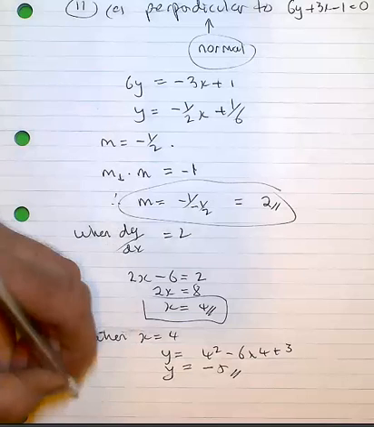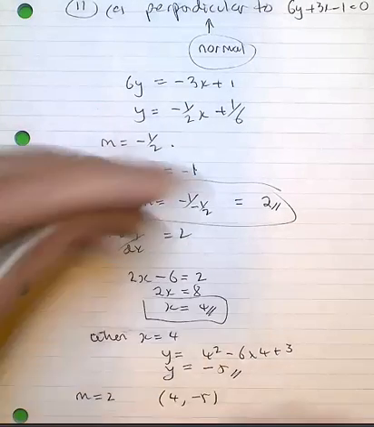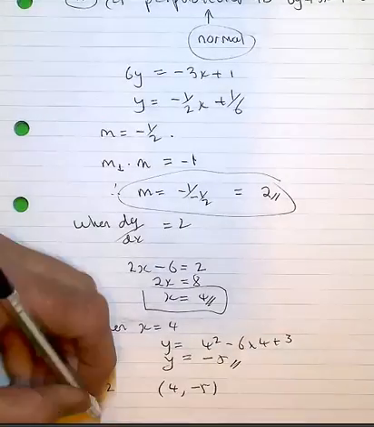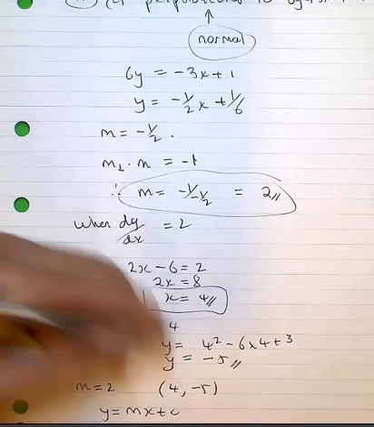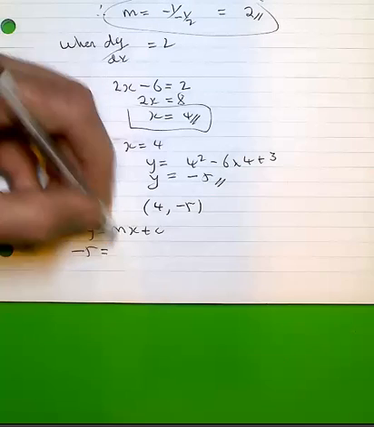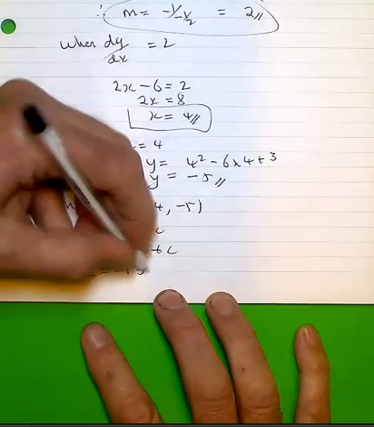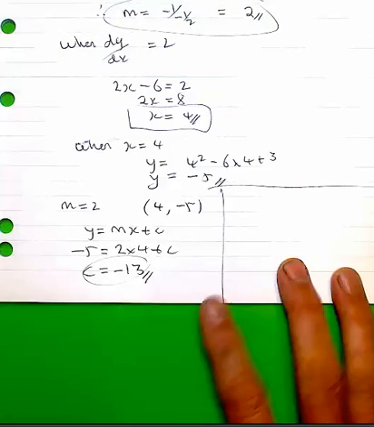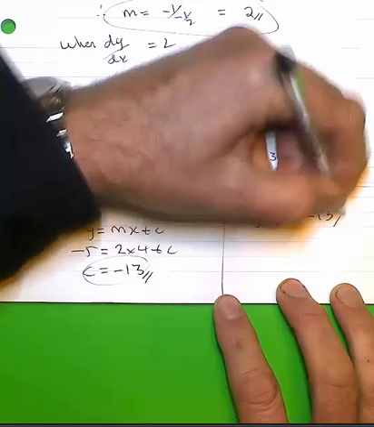So I've got m is equal to 2, at the point 4, negative 5. I then find the value of c. So I've got my c, I've got my gradient. So I write my final answer out as y is equal to 2x minus 13.